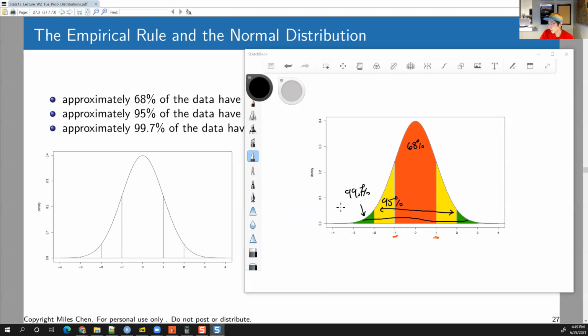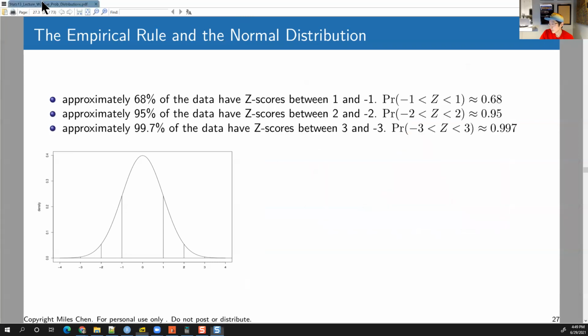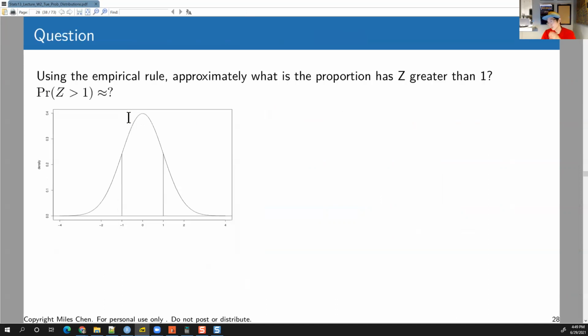Okay, 68, 95, 99.7. Those are good numbers to remember, especially this 95 and the 2. You kind of hear this 95% and z-scores of 2 or -2. I would say that's especially good, just kind of using this as a guide.